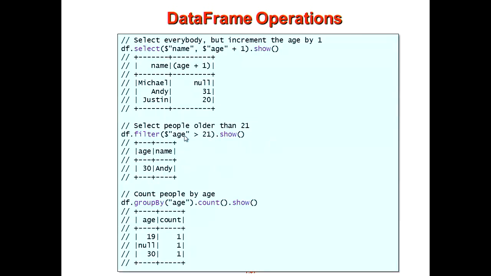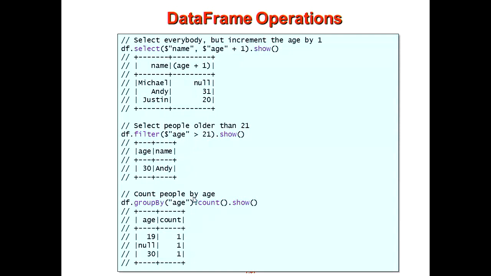And here are some other operations. So select name, age + 1. So we actually get a table with the names and their ages + 1. But this is null, so it is still null. Or we want to find people older than 21, so we have a filter, age larger than 21, so only Andy is returned.